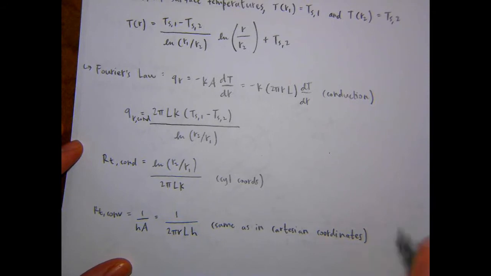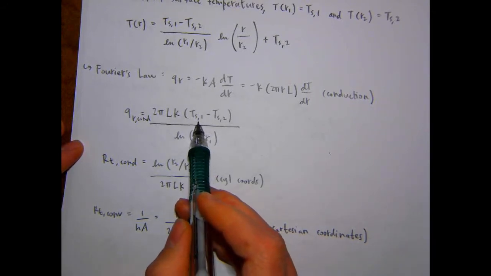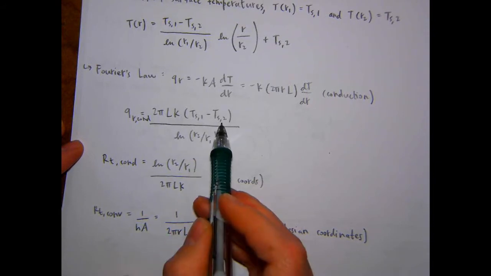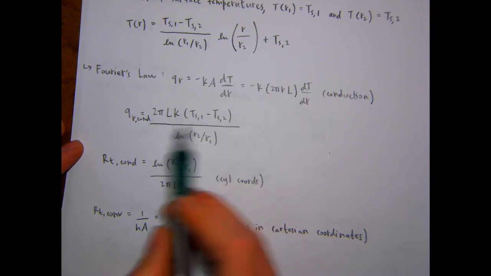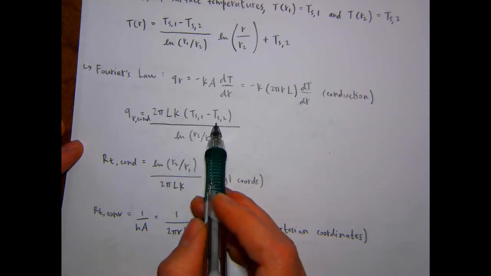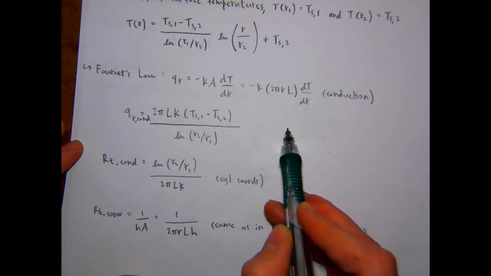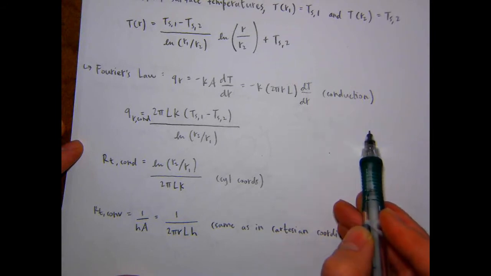And if you notice here, this equation is still perfectly accurate because the temperature difference that we have here is the surface temperatures, right? T_s1 and T_s2. So we're just writing this equation for that one portion of the cylinder that is solid. And we could write that this is equal to Q convection on the outside and the inside.